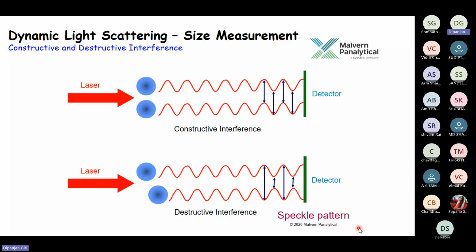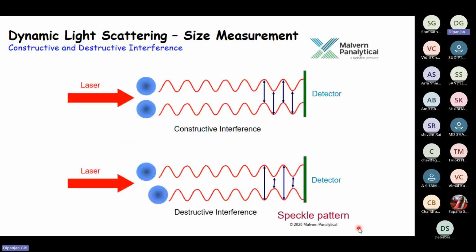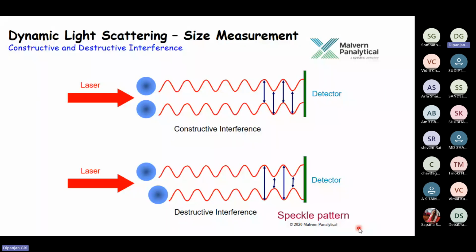This pattern would also be static, or constant, and not a function of time. But as we know, the particles are dispersed in the liquid and are not static. In the DLS technique for particle size measurement, the condition is dynamic. The positions of the particles are not static; they are moving.